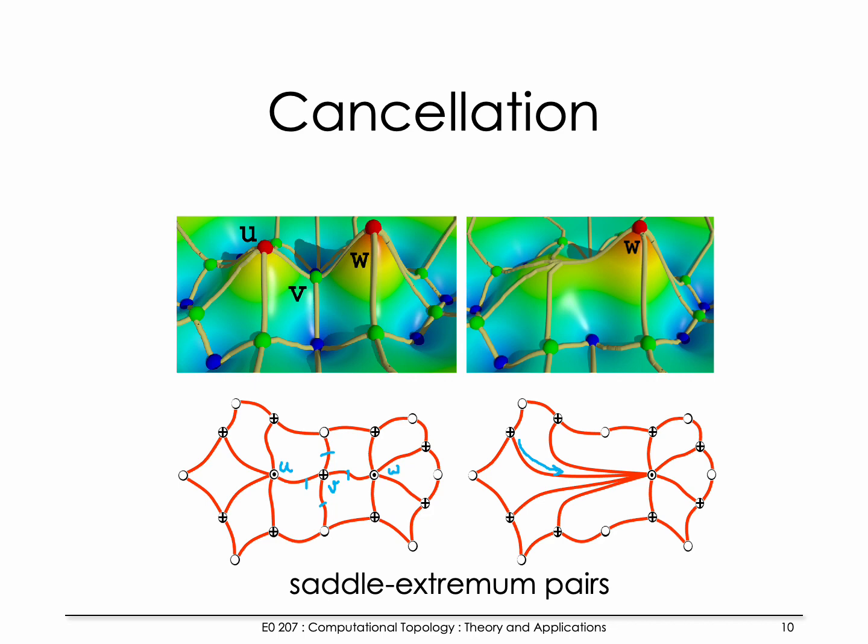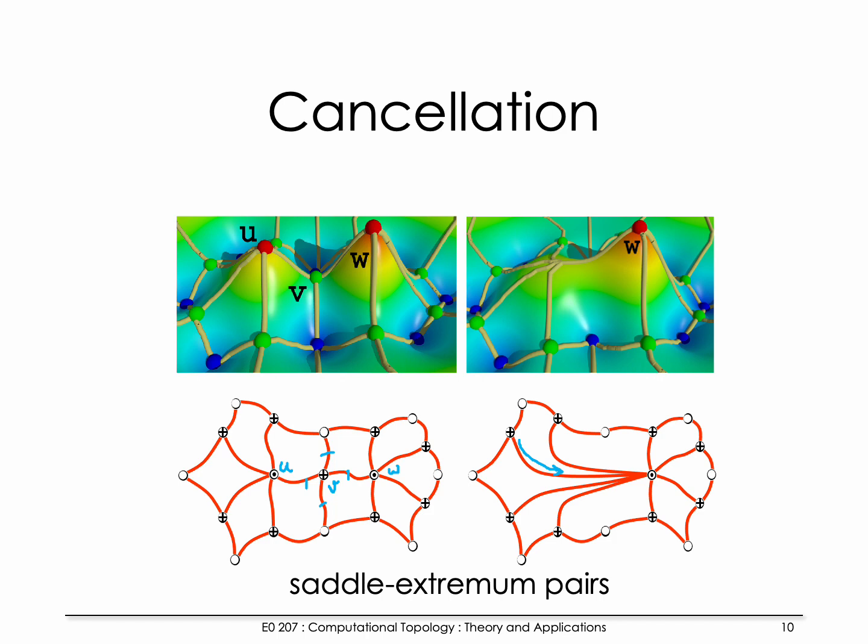So to repeat, all the arcs that are incident on the saddle were deleted, the two critical points were removed, and the gradient lines that terminated at U are now rerouted to go to W, right? So this is one way to realize this cancellation.